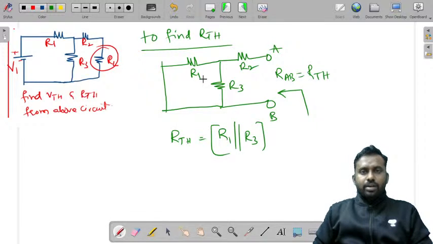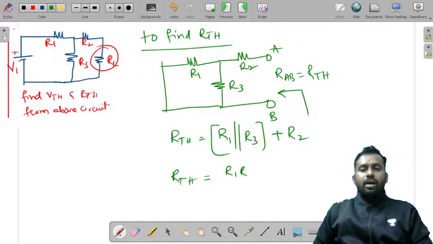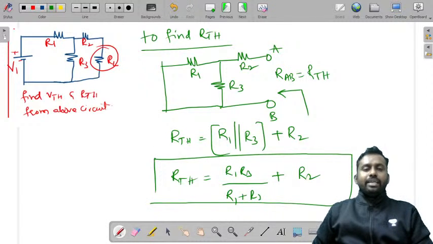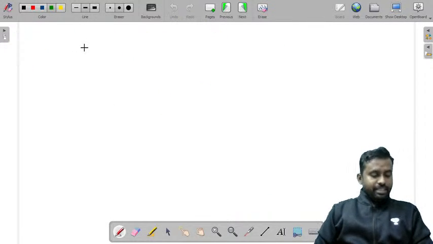If you observe, these two are in parallel, plus R2 is in series. Therefore RTH is equal to R1 R3 by R1 plus R3, plus R2. This is how you will determine the Thevenin's resistance. Now let us consider one problem on Thevenin's theorem and try to solve that circuit.